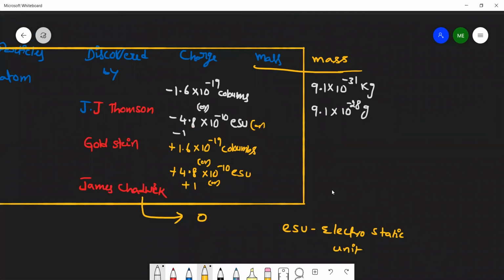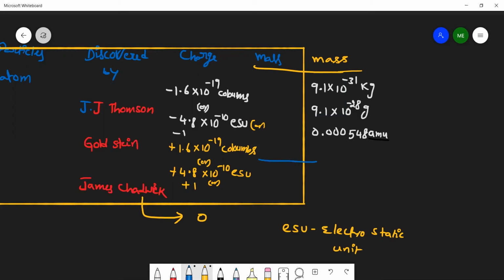In terms of atomic mass unit, which we learned in the first chapter, it is 0.0000548 AMU. Okay. Then we'll go for the proton.